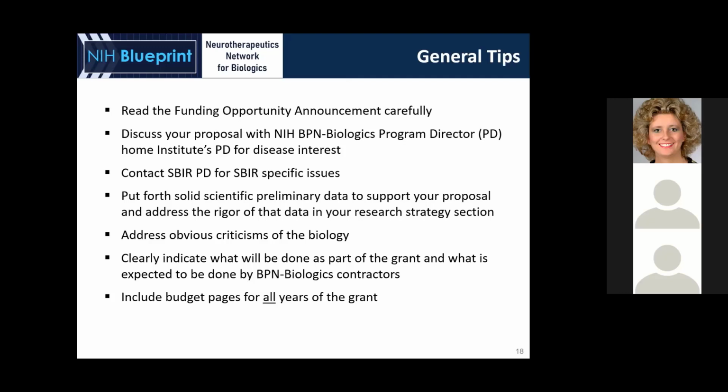When planning your application, put forth a solid scientific preliminary data dossier to support your proposal and address the rigor of that data in your research strategy section. Address any obvious criticisms of the biology, as you are the expert within that field. Clearly indicate what will be done as part of the grant and what is expected to be done by the BPN Biologics contractors. Spell it out very specifically.